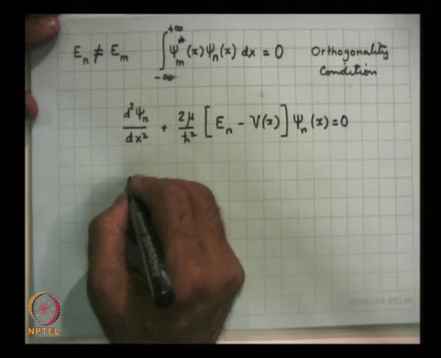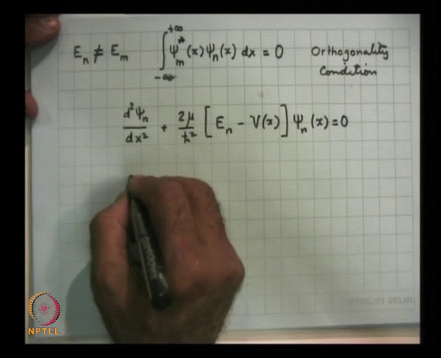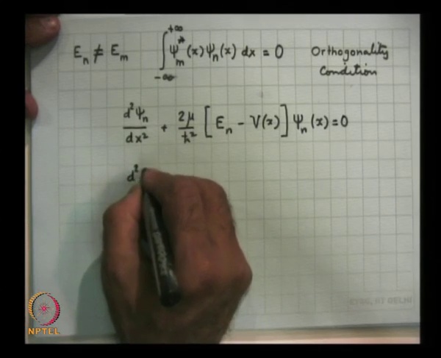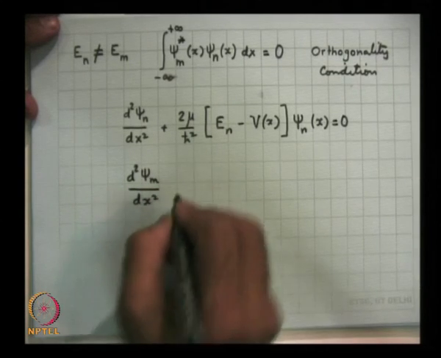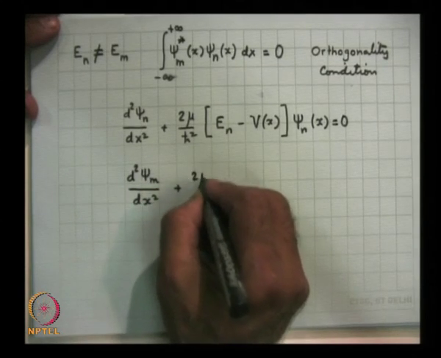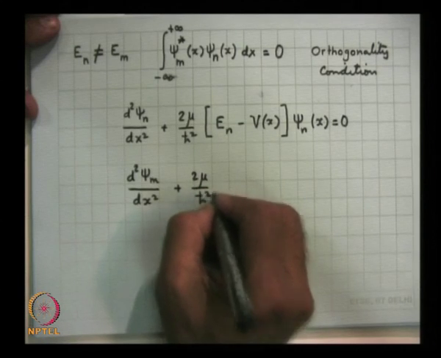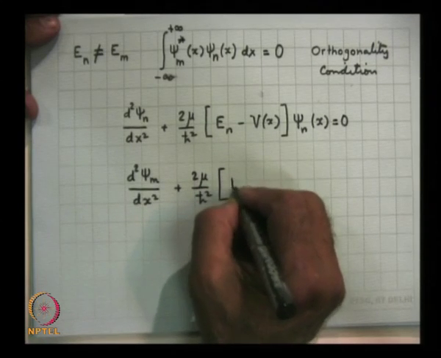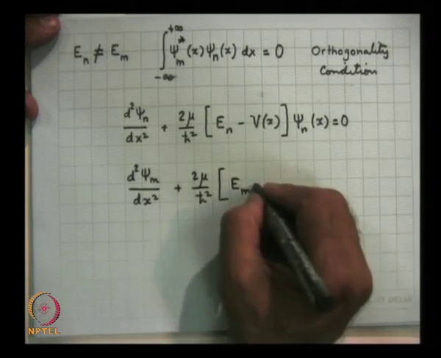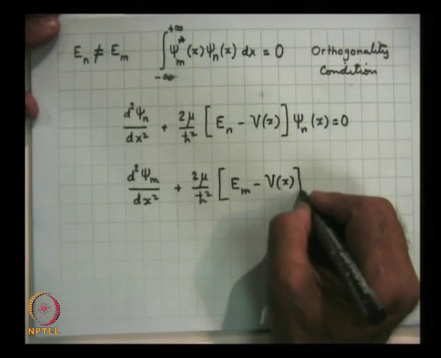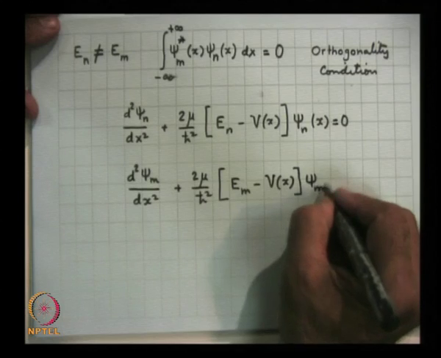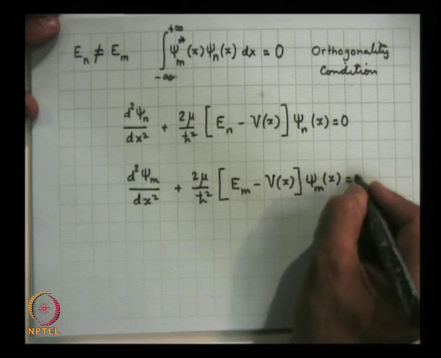Then I write for the mth state: d2 psi m by dx square plus 2 mu by h cross square times E m minus v of x, times psi m of x is equal to 0.